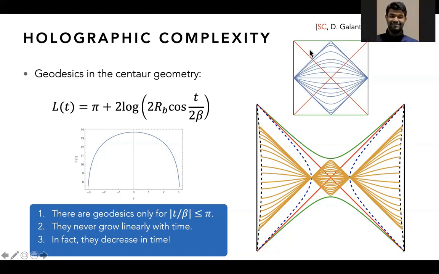Just to clarify one more point. Is this R_B related to some sort of entropy, because we expect this length to relate to some kind of entropy? The R_B is essentially the cutoff. It's the 1/delta you usually have.